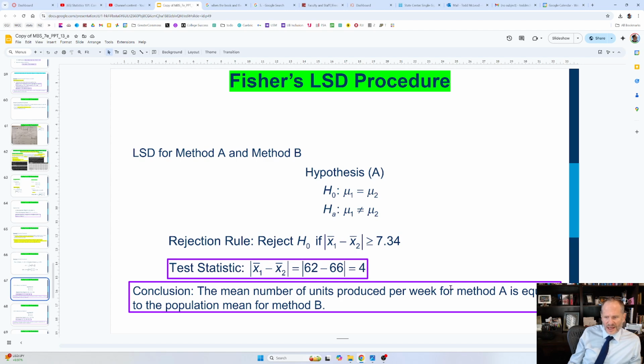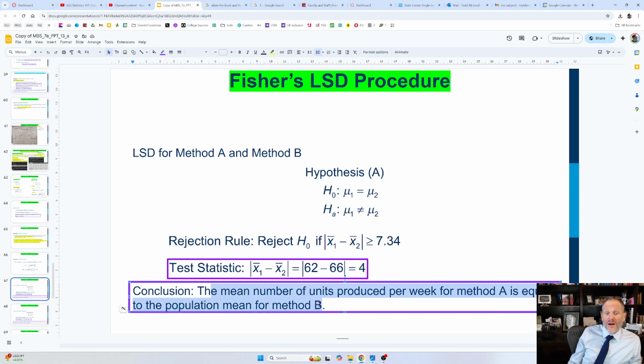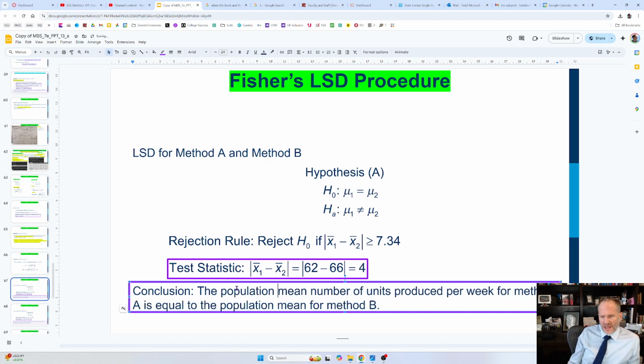But this one, the mean number of units produced per week for method A is equal to the population mean for method B. So we'll put population mean number of units produced per week for method A is equal to the population mean for method B. I see what they're getting at. That's fine. I like it.